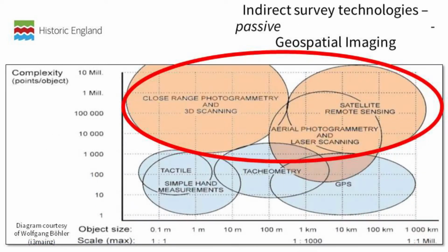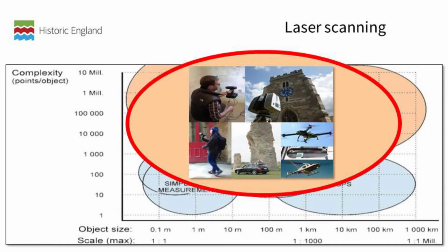So as I was saying earlier, the passive techniques include photogrammetry and laser scanning. In the scales, which probably aren't our concern, satellite imaging as well. So laser scanning, I'm sure everyone is familiar with, but it's basically a machine that will fire out a laser beam at the subject many millions of times a second, and because we know the speed of light, the laser beam will reflect, and the angles are recorded as well.